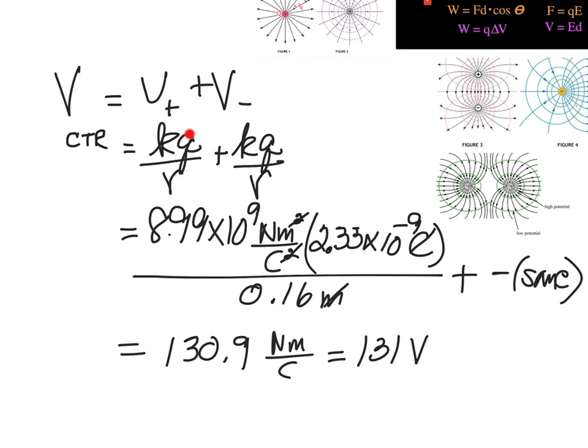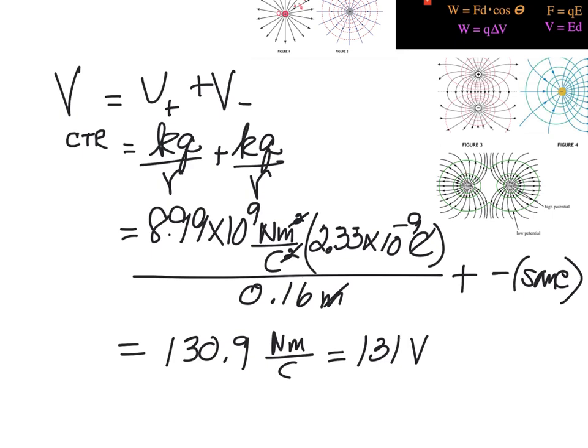The number I get for the positive charge is 130.9 joules per coulomb, or, rounded to 3 digits, 131 volts. Of course, the negative charge in figures 3 and 4 is going to be exactly the same but negative, and so the sum will be 0.